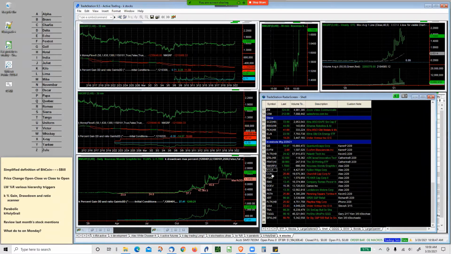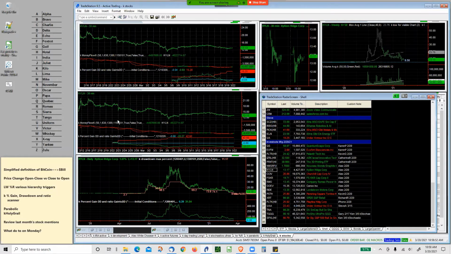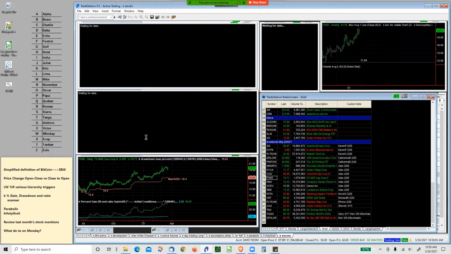There was a bunch of them in the chat, so these are just various ones. Money is flowing out of them ever since then. The drawdown is 42%. So these things were just not timed very well to be in these positions.